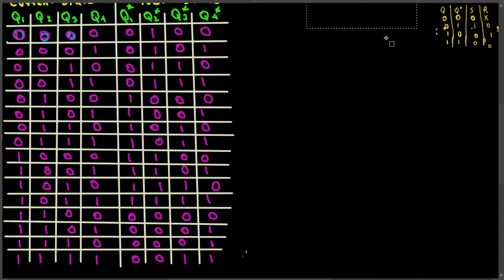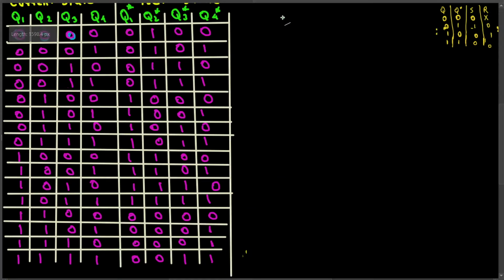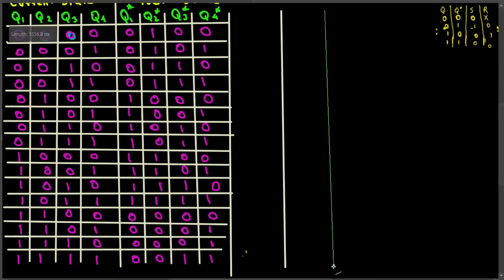When we write the table actually. So I'm going to put 4 flip-flops here. 1 column for 1, 2 column, 3 columns, and 4.